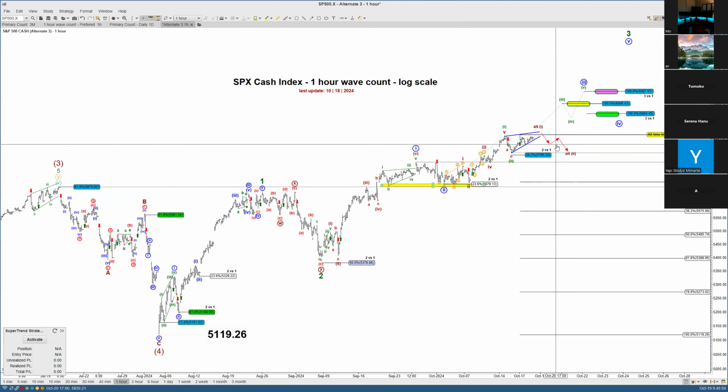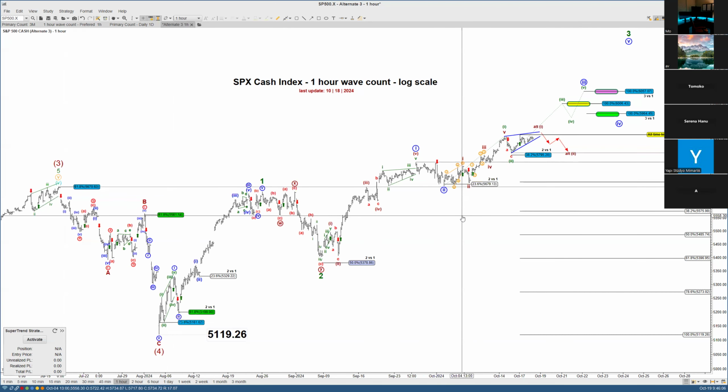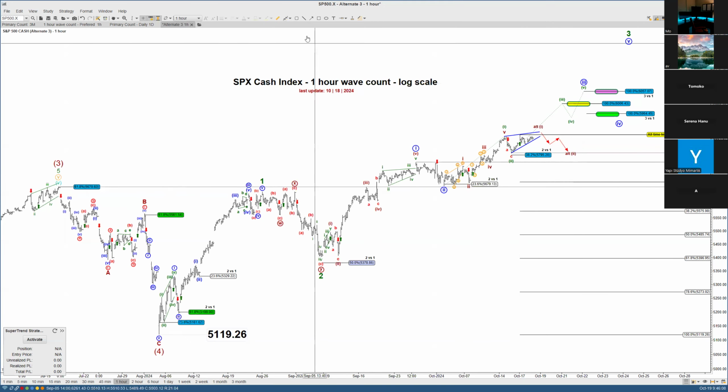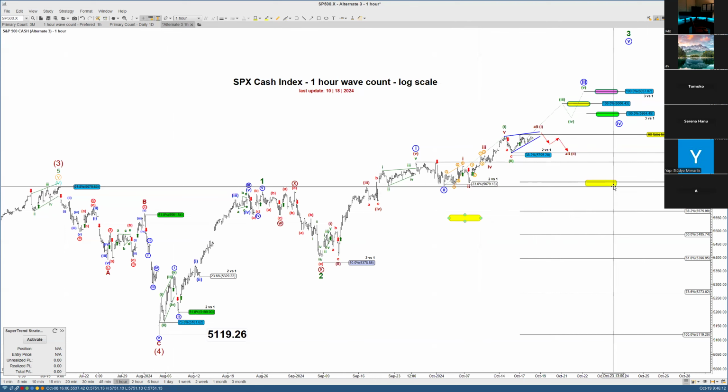So if you're thinking that you want to put your money on the board, let's assume you position yourself all the way down here, saying, okay, I see this market to at least come and retest this support.